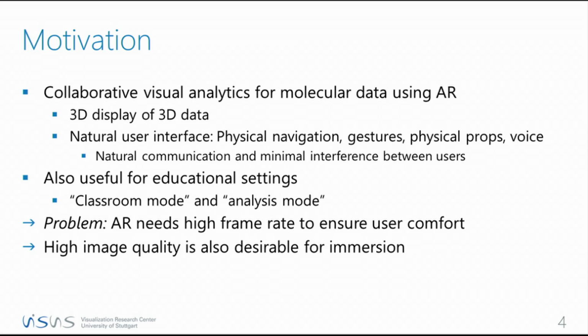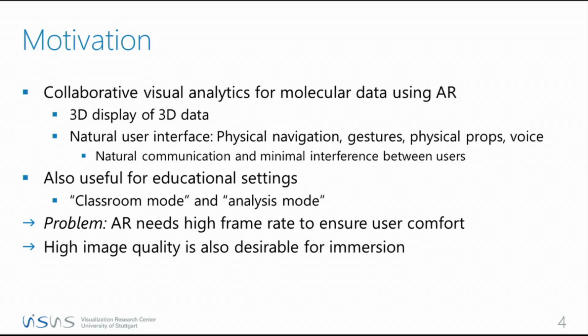One problem that we see here is that augmented reality needs high frame rates to ensure user comfort. Microsoft, in their performance guidelines for HoloLens, state that you should have 60 frames per second. And of course, you also want to have a high image quality because, if your molecules don't look natural, the immersion is also not that high.